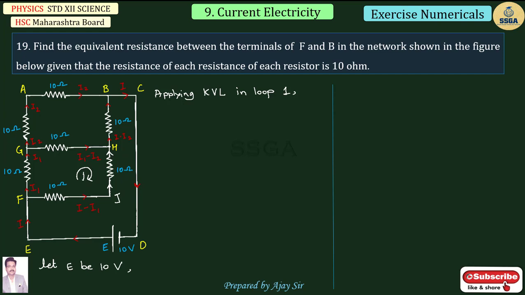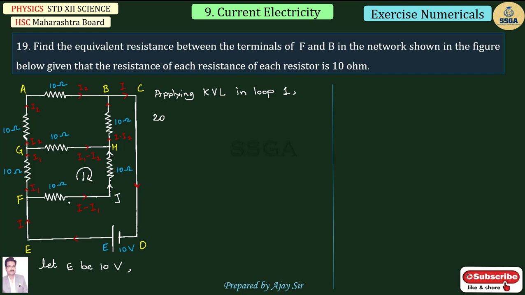Now the same current is here, so the same current will come from this arm and the same current will come to this point also. So therefore the resistances here, that is 10 ohm and 10 ohm, get added because they are connected in series. So therefore the total resistance in this arm is 20.